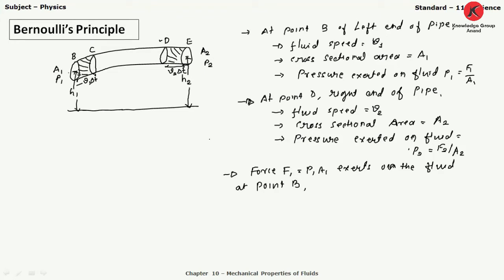Now, at point B, it covers distance V1 delta T and reaches point C.